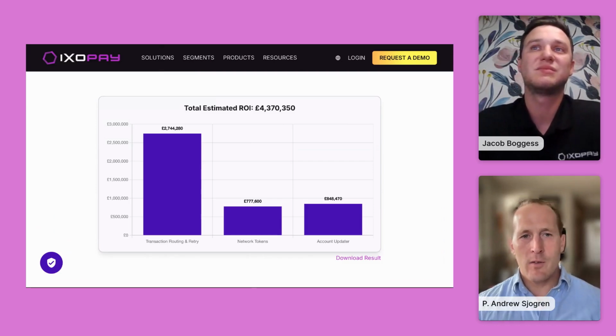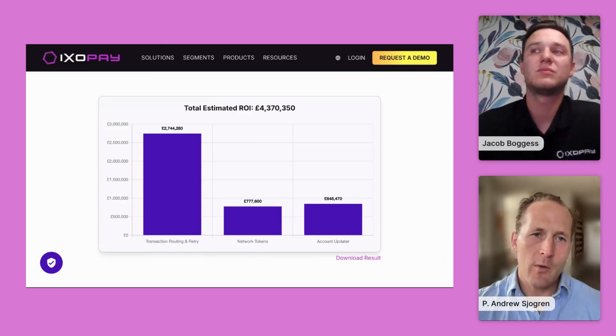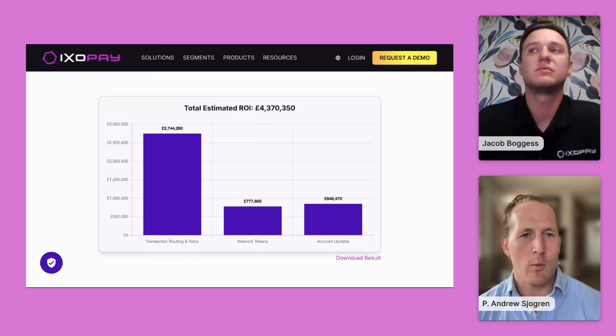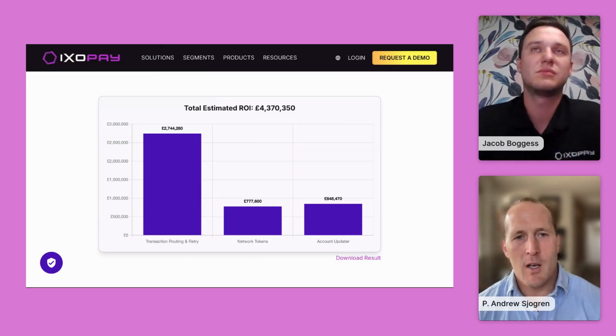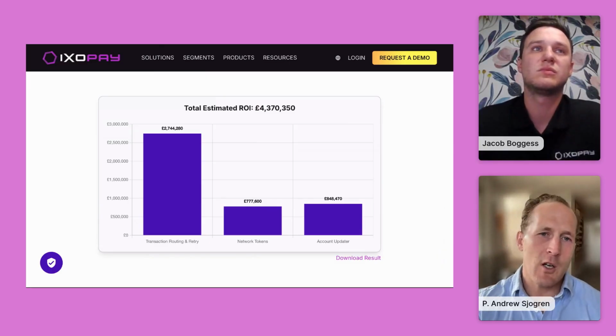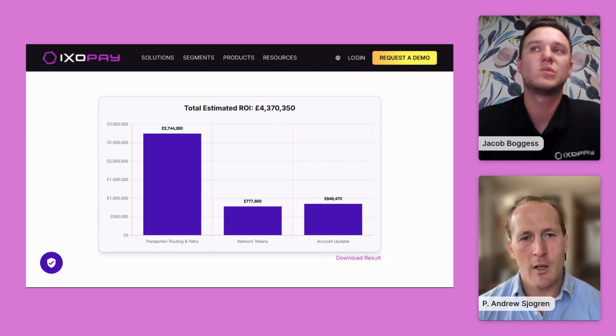So this can really be a choose your own adventure, and we're happy on these direct calls to explore any one of these components you see. You can play when you're on a call with our teams here. You can see and play with every single modifier that we've used. You can see each of the segments that we've calculated with our transaction routing and retry here, and have some fun with it.